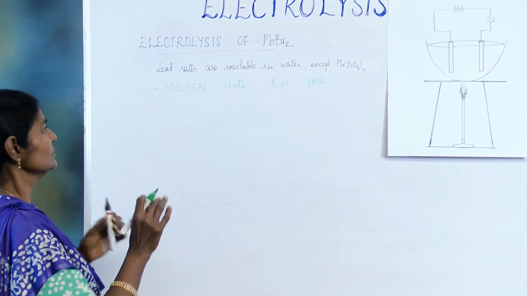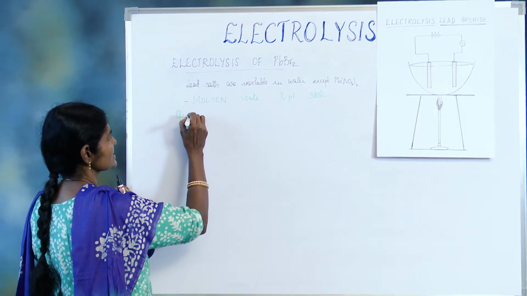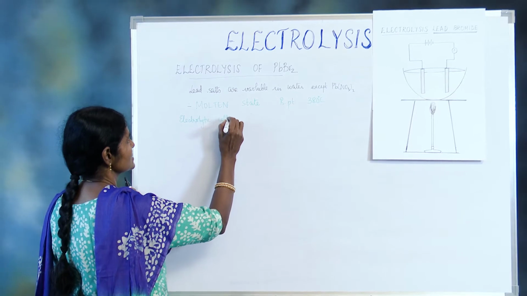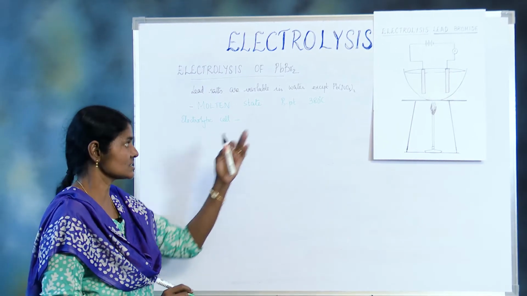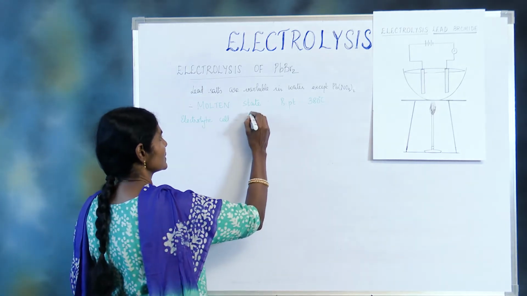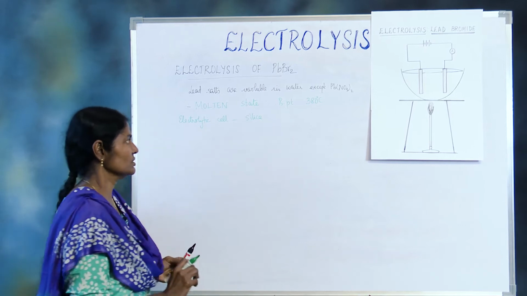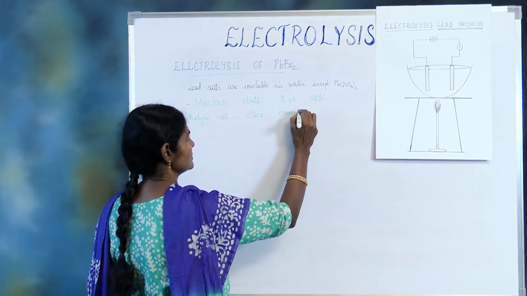Okay. Now coming to the crucible. When you take the electrolytic cell, because we are heating it, we are using a crucible and it should withstand such a high temperature. Therefore, it is made of silica. So a silica crucible makes up the electrolytic cell.